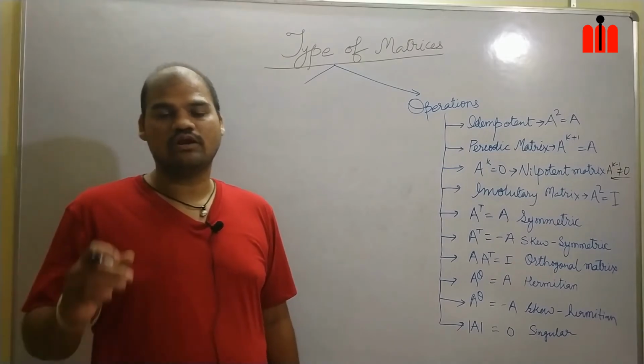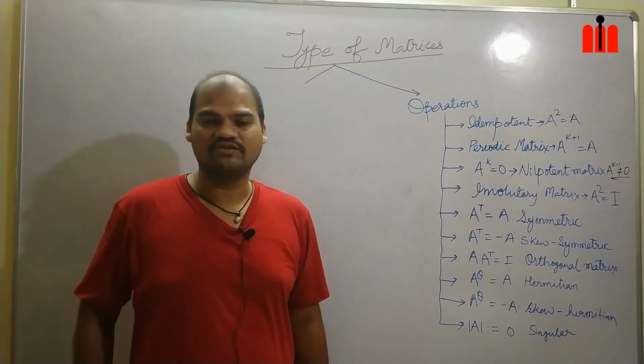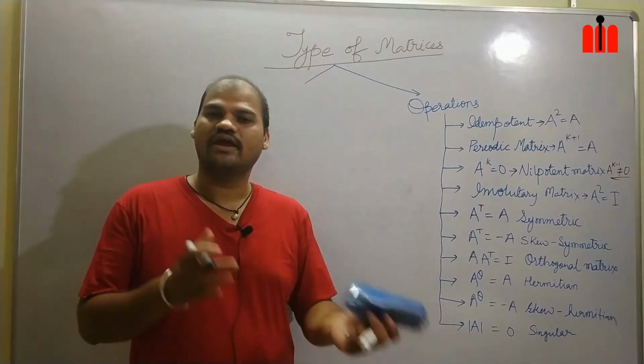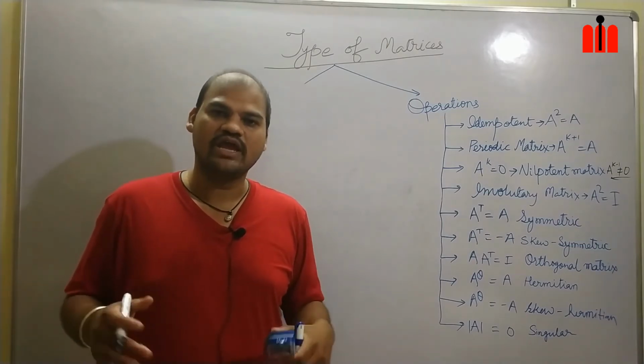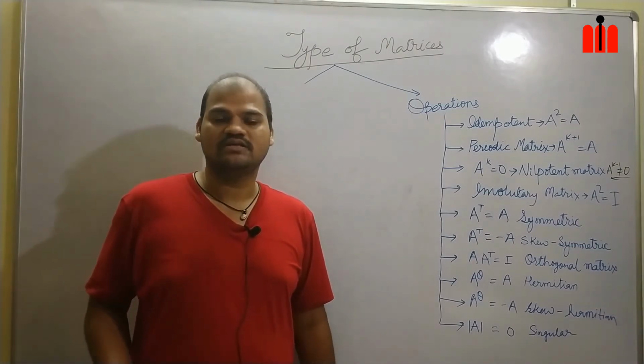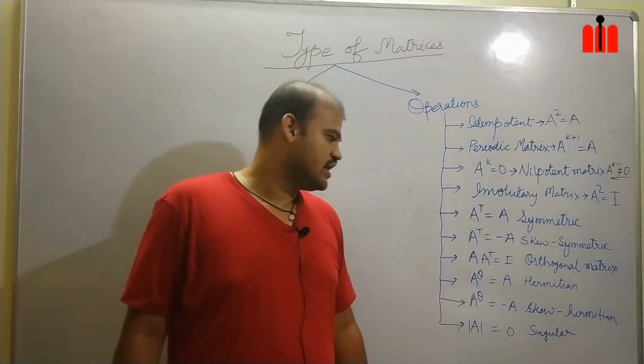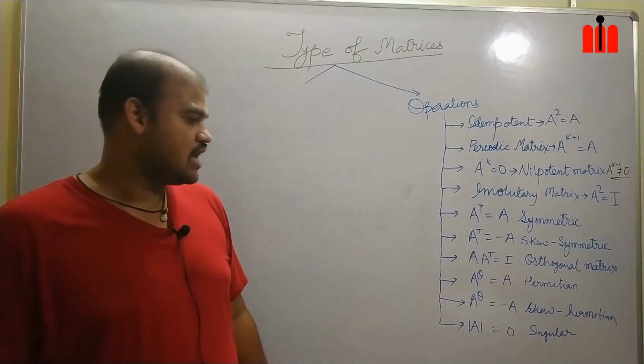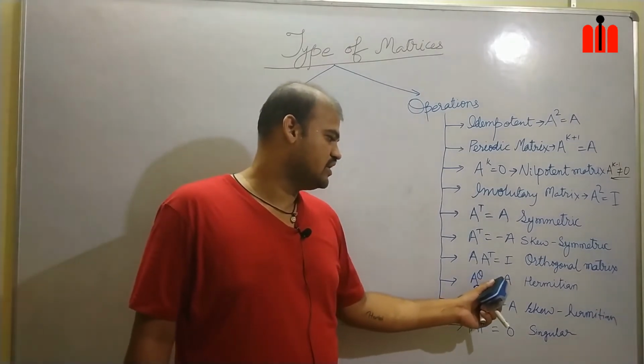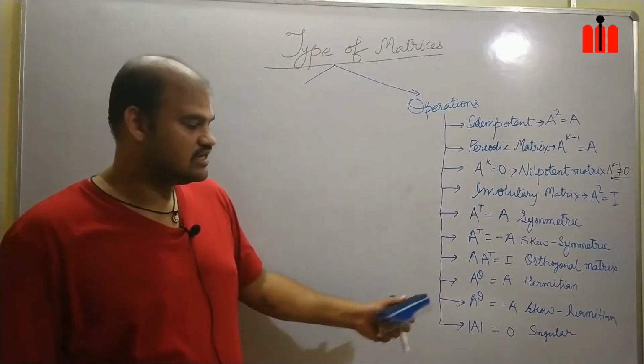So what is the orthogonal matrix? An orthogonal matrix is a matrix in which the matrix times its transpose gives the identity matrix. Such a type of matrix is known as an orthogonal matrix. Next is the Hermitian matrix. A Hermitian matrix is A to the power of theta equal to A. What is theta here?